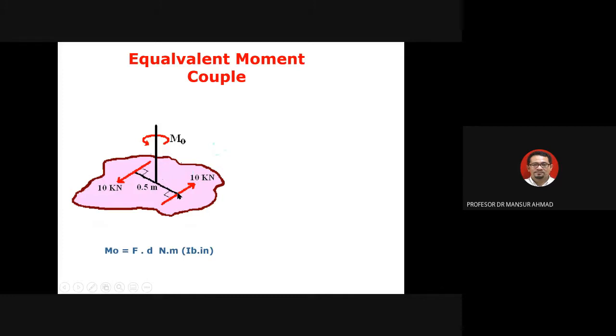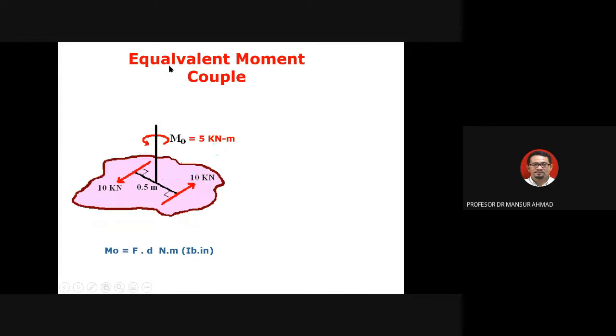The distance is from this point to this point here. So when you calculate using this formula, moment is equal to 5 kilonewton meter. You see that? Now I write this as kilonewton dash meter, not kilonewton dot meter. So boleh dua-dua.